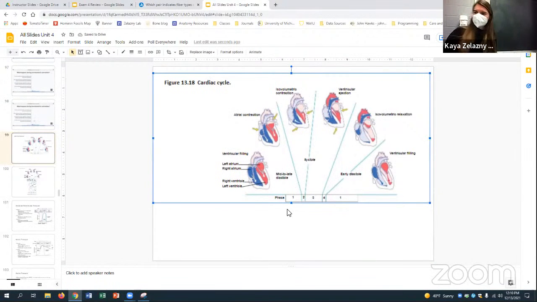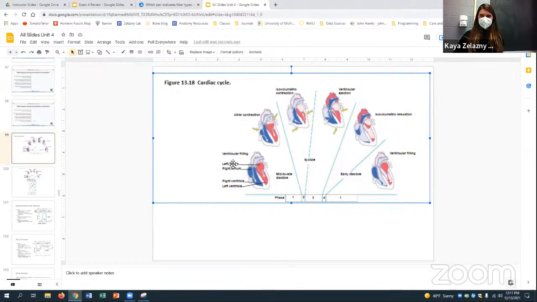Okay, so when we're thinking about those phases, the first thing we're thinking about is just what's happening with the heart. So where our blood is flowing, right? So for phase one, what's the name of phase one? Yeah, our ventricular filling. So we'll expect to see blood moving from the atria to the ventricles.